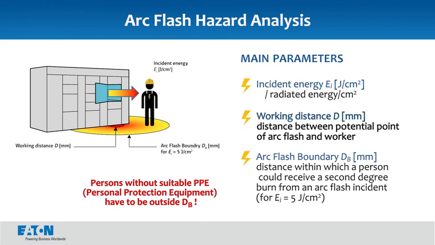Working distance is specified as the distance between the potential point of arc flash and the worker. Applied, this is usually 300 mm or 455 mm. Arc flash boundary is the distance within which a person could receive second-degree burns from an arc flash incident.